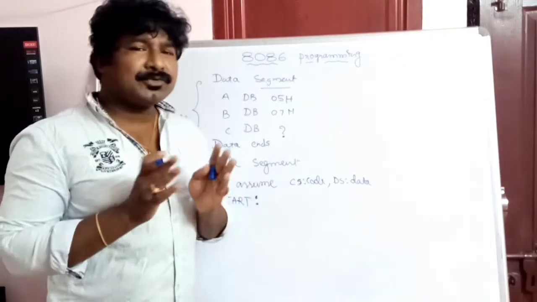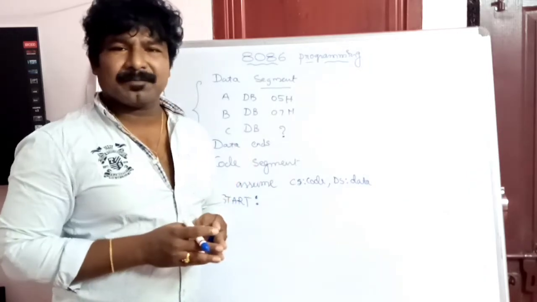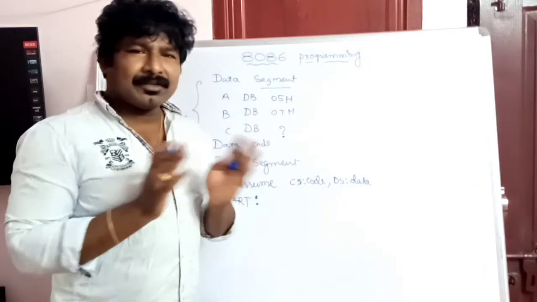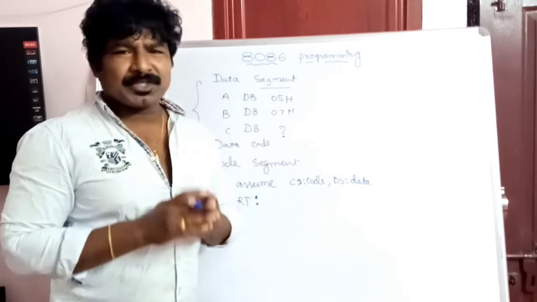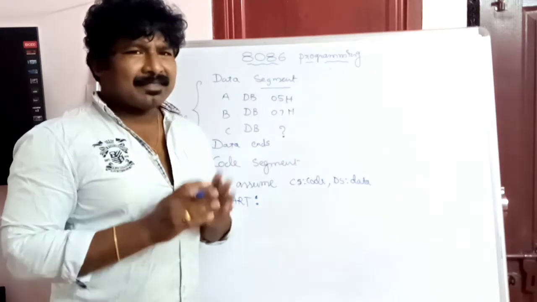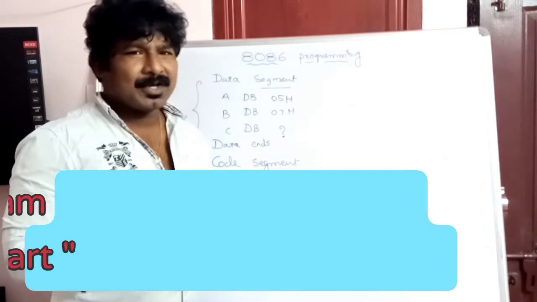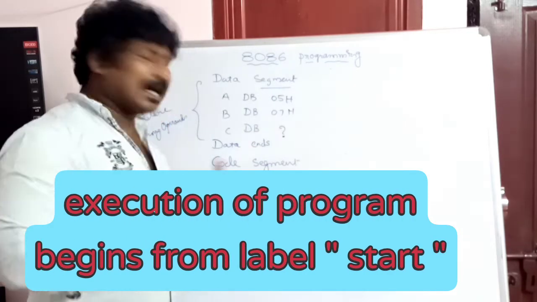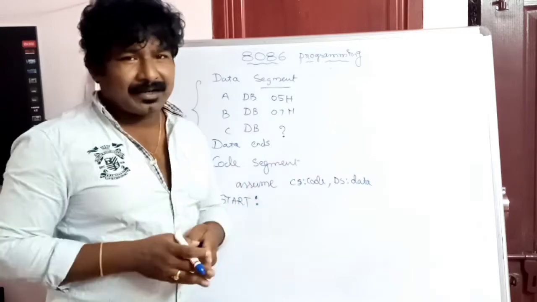The start label tells the assembler that this is the starting point for the execution. Like the main function in a C program where execution starts, similarly the execution of any assembly language program in TASM software will start with a label called start. So this is a mandatory label that should be there in your program.